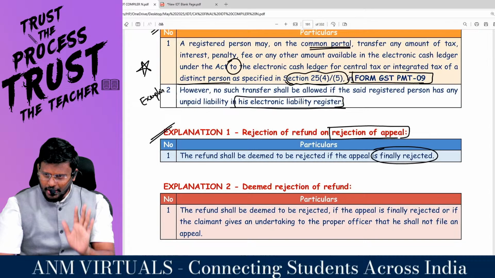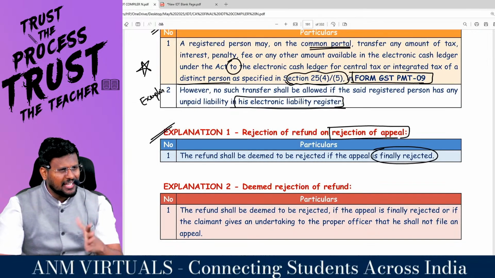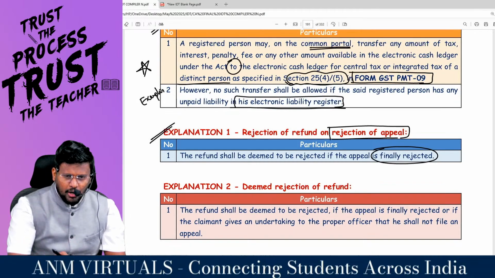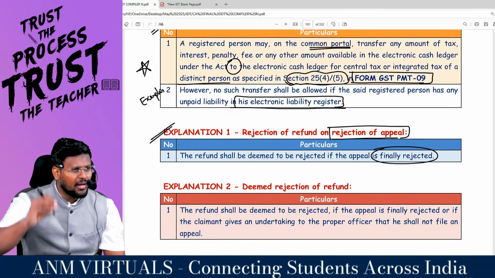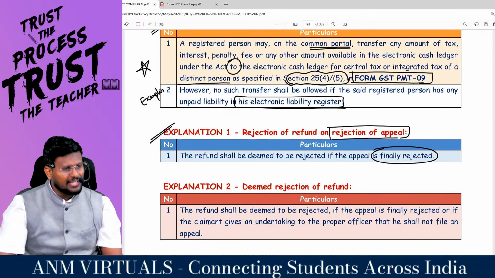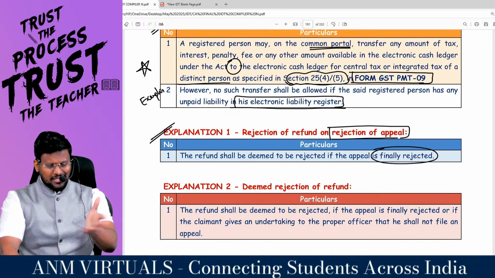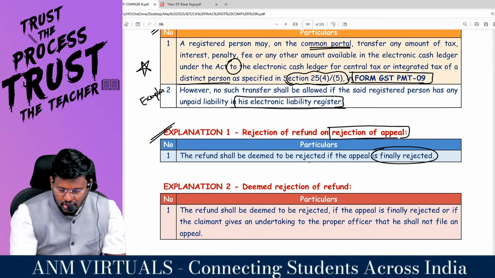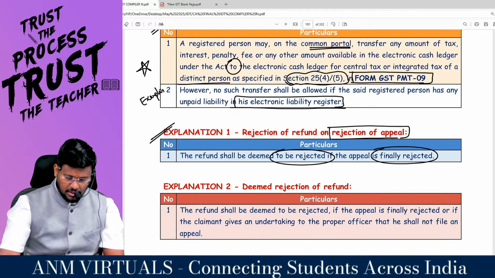You are entitled to get a refund, but the department said that you are not entitled to get the refund. That order has been passed, but you don't like the order. You have taken an appeal. The appellate authority has rejected the order, saying, my dear lovable students, that this appeal is not acceptable. So it will be equal to the refund being deemed to be rejected.